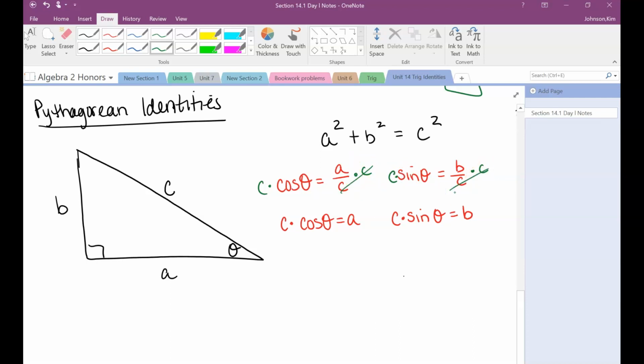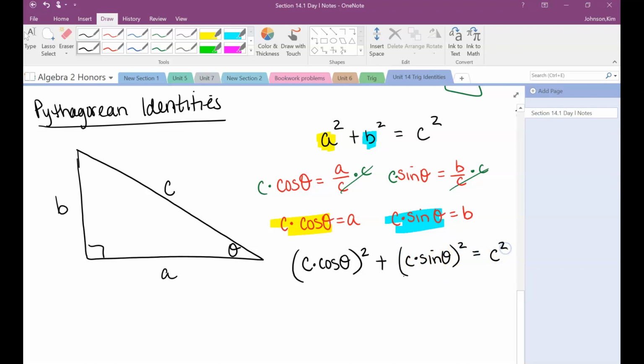Okay, so now I'm going to take this expression and replace a with it, and take this expression and replace b with it. So let's see what happens there. That means I have c times cosine of theta, that quantity squared, plus c times sine of theta, that quantity squared, and that should equal c squared.